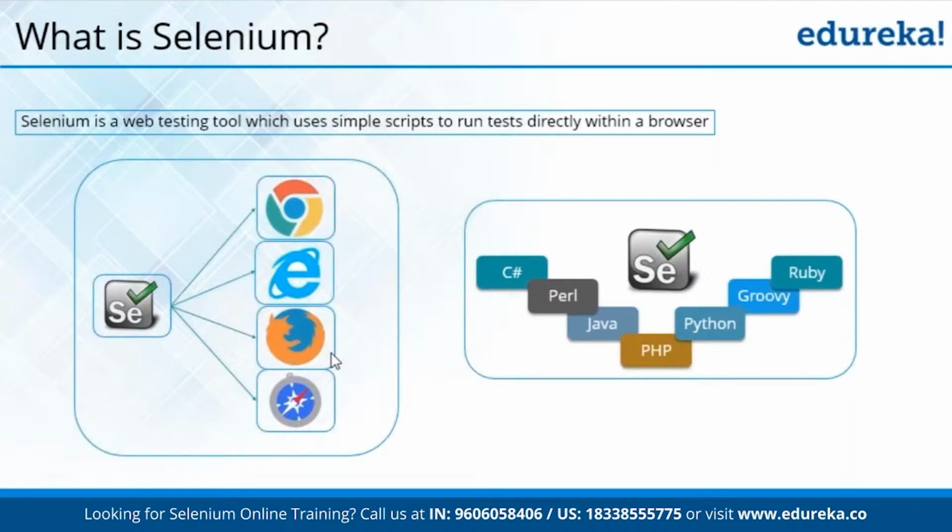So you can test on multiple operating systems using multiple browsers and multiple programming languages. You can use any out of the list, like C#, Perl, Java, PHP, Python, Groovy, Ruby. All these programming languages help you to write your script.